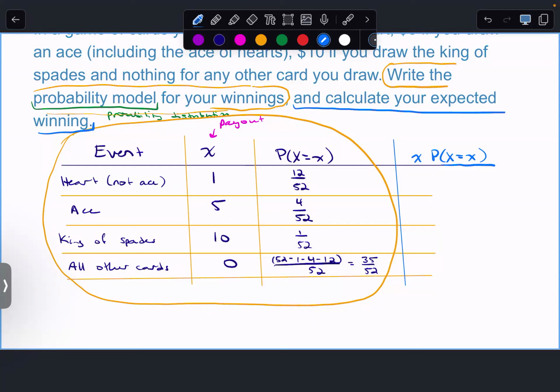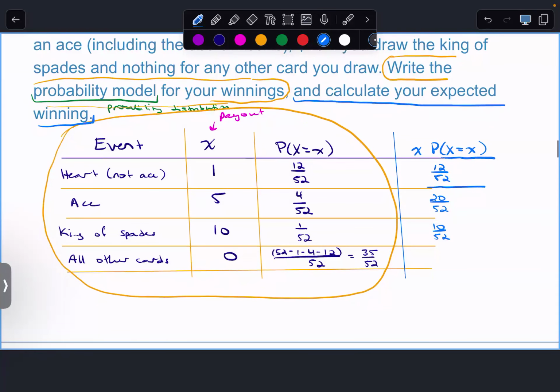1 times 12 over 52 is 12 over 52. Oops, I did a mashup. 5 times 4 over 52 is 20 over 52. And 10 times 1 over 52 is 10 over 52.